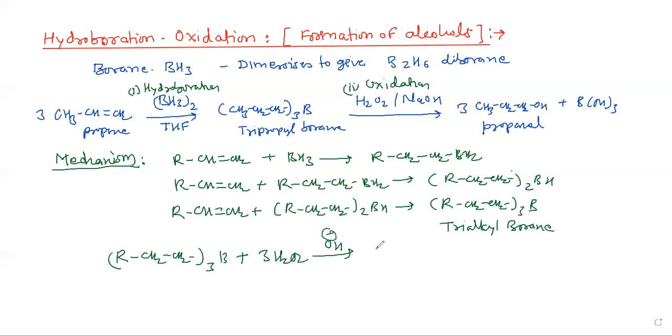It reacts in presence of base, so that you will get 3 molecules of alcohol, RCH2CH2OH, and you will get boric acid as the product.